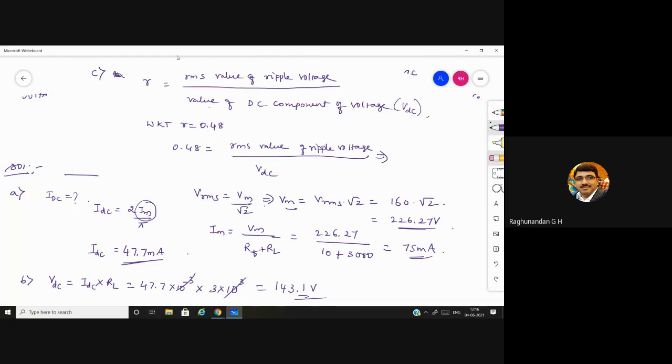So what will be the answer? RMS ripple voltage is equal to 0.48 into VDC. 68.688.